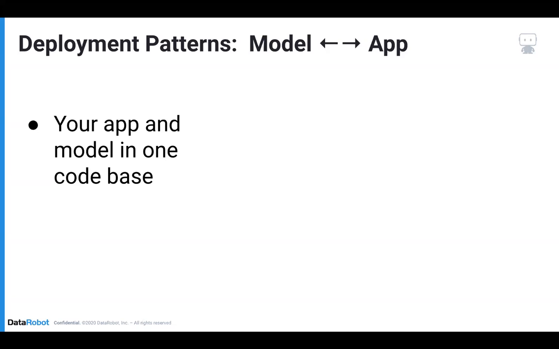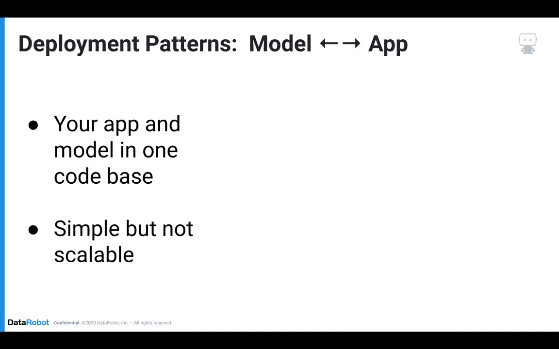Now, maybe it gets a little bit more complicated if your developer is using another language other than Python and you want to put those together. But one way to do this is to just take all that code, throw it into one code base, and just deploy that. It's a very simple way, but what happens with the simplicity is it has trouble scaling.